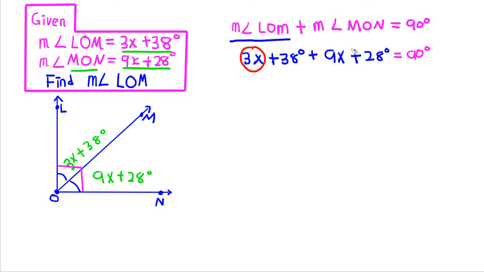So 9x plus 3x gives us 12x, plus 38 degrees plus 28 degrees, which gives us 66. So that should be equal to 90 degrees.